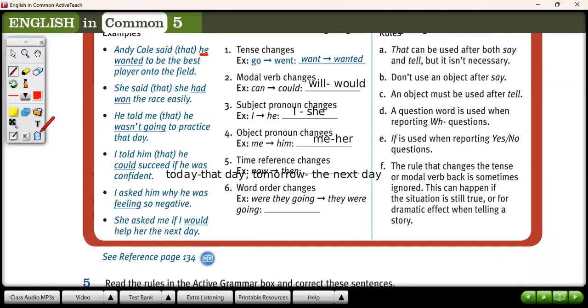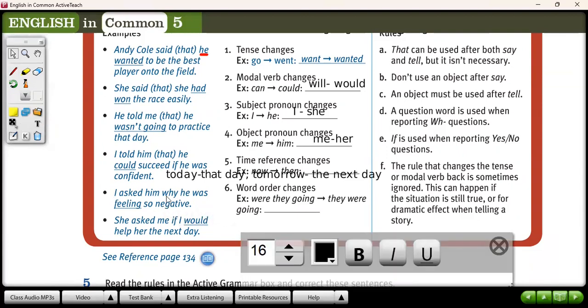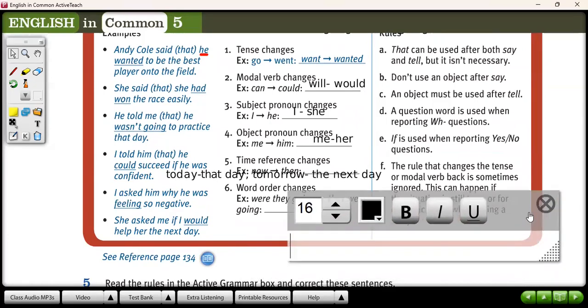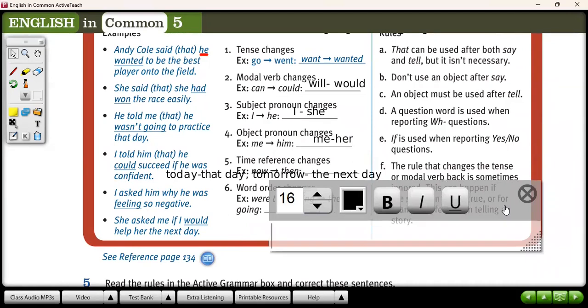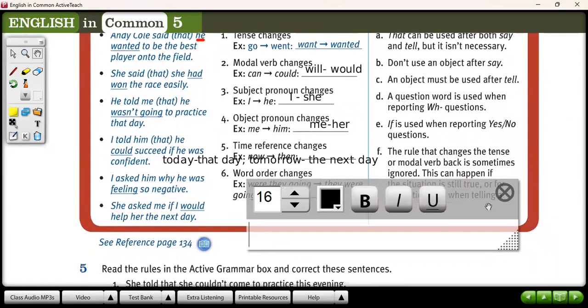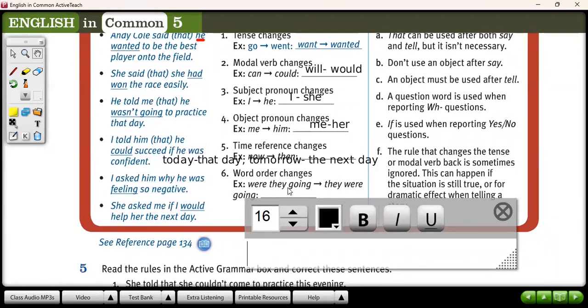Because now when reporting, it's not a question anymore, okay? I asked him why he was feeling so negative, okay? So sometimes when we are reporting questions, the order of the words changes. So were they going? Changed to they were going. And we saw that are you feeling? Changed to he was feeling.